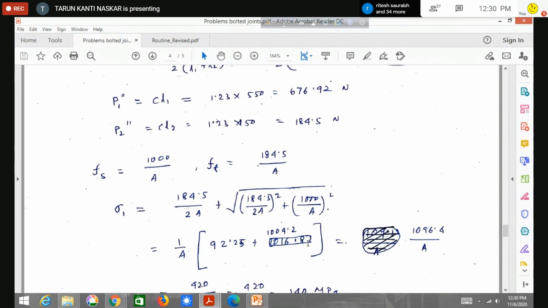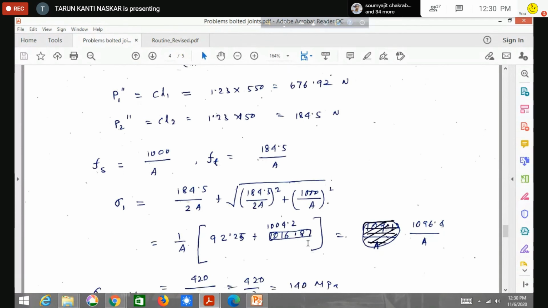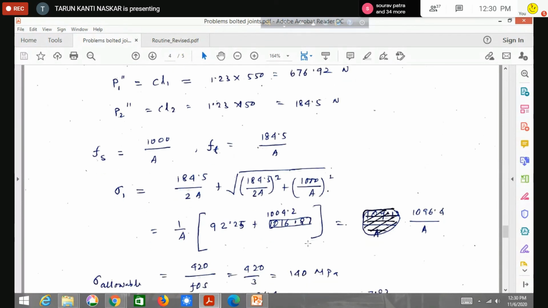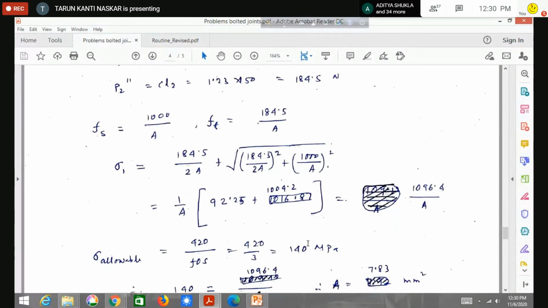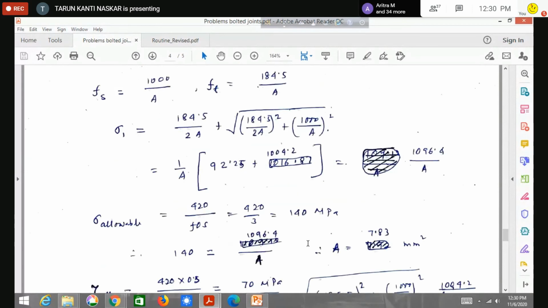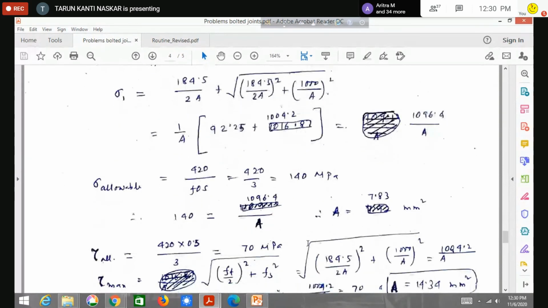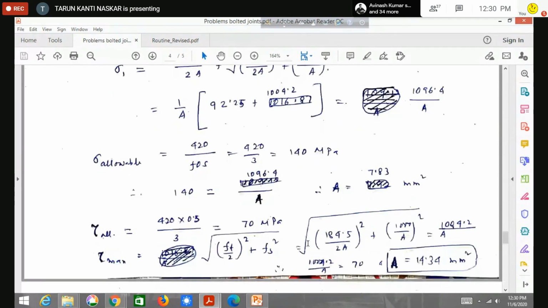Now Fs is equal to 1000 by A and Ft equal to 184.5 by A. So sigma 1 is equal to 1096.4 divided by A, and sigma allowable value is 140 MPa. So 140 MPa equal to 1096.4 by A. Ultimately find out A.